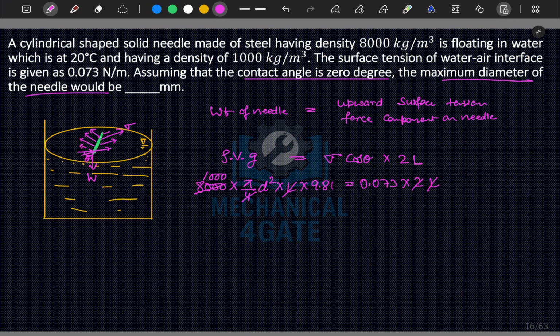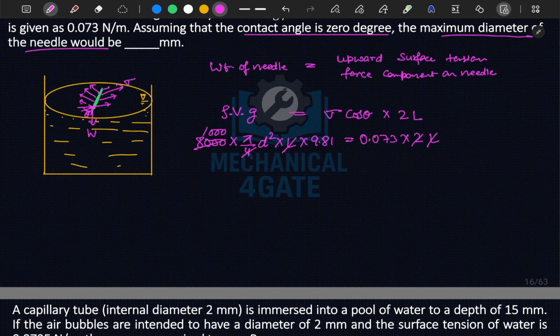If you want to take the square root of this term, it will be power 0.5. So d, in mm, is 1.5 mm, the maximum diameter that it could take.